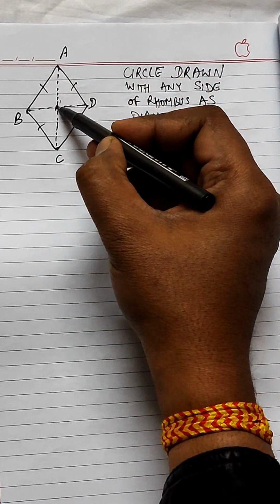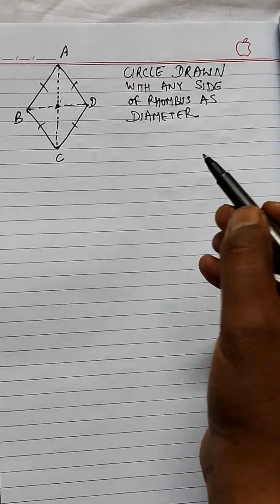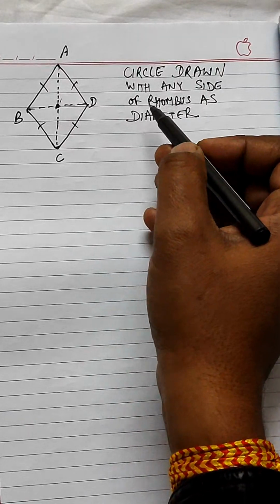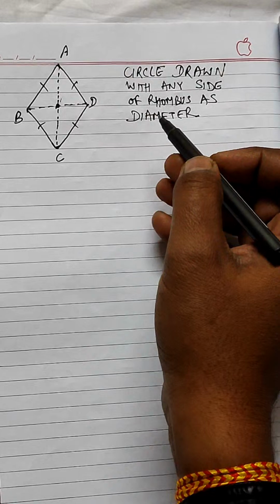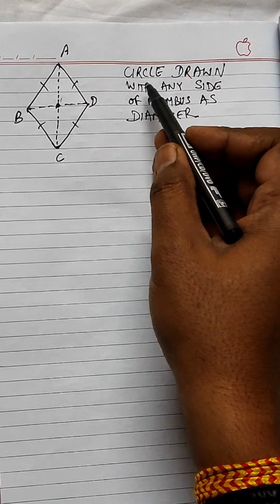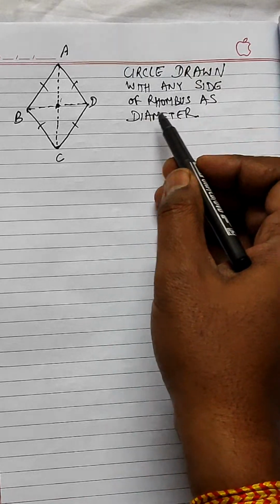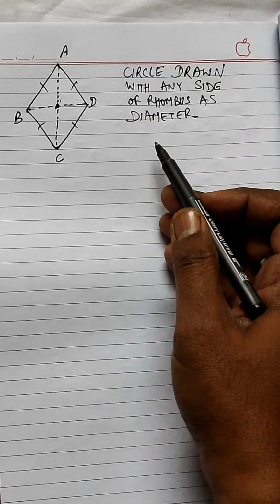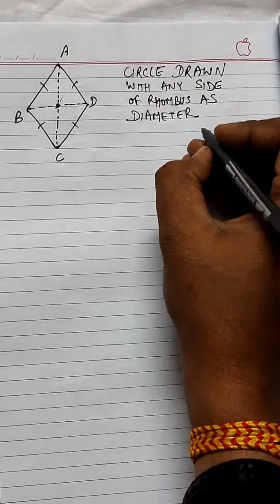I mean to say this point, right? So this is the same question which we are going to prove now. In the source I have put it, but that is not enough time. In 1 minute it's very difficult to explain things. So a circle drawn with any side of a rhombus as diameter passes through the point of intersection of its diagonals.